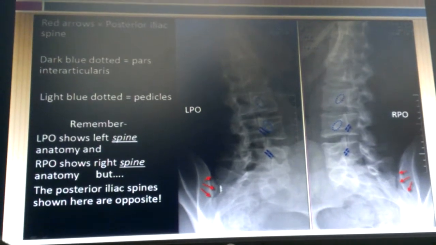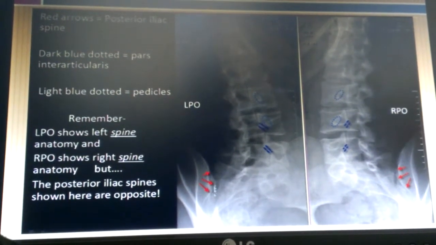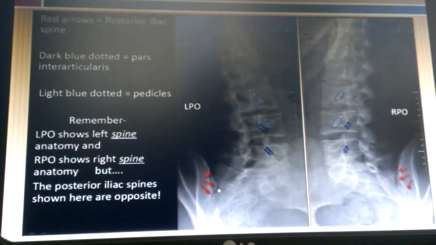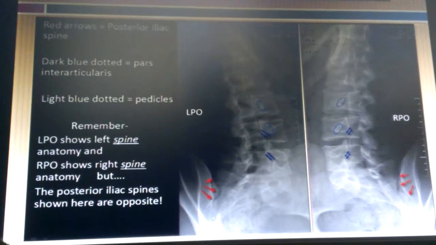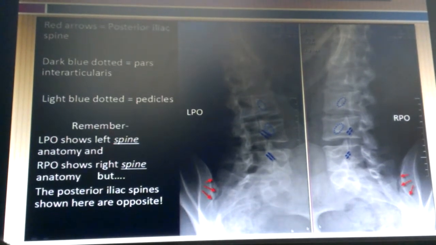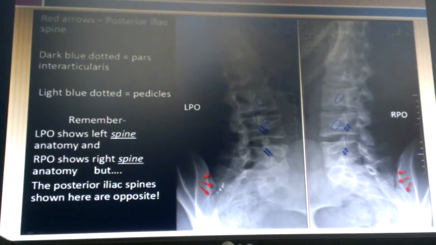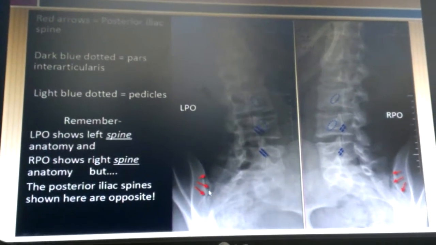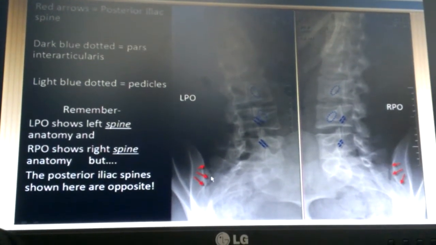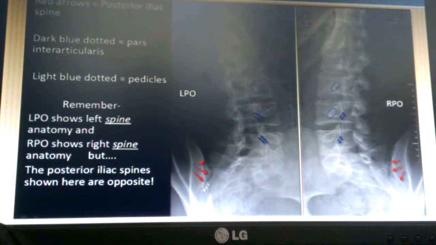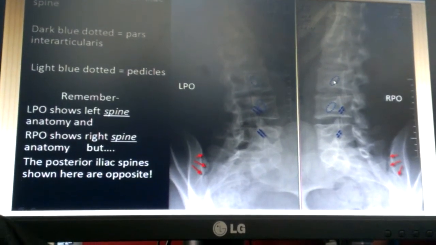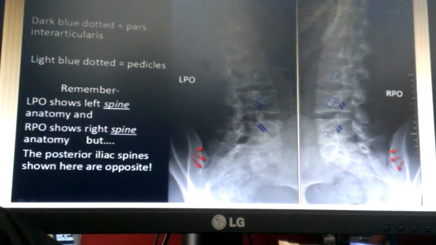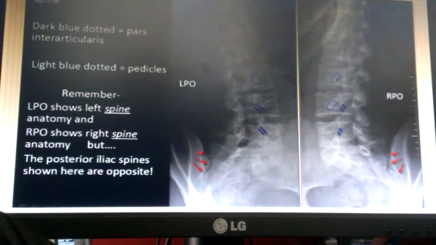This would have to be the articulation, the SI joint, and that would be the left one. And then this would be the pedicle again, and then the articulation there as well.